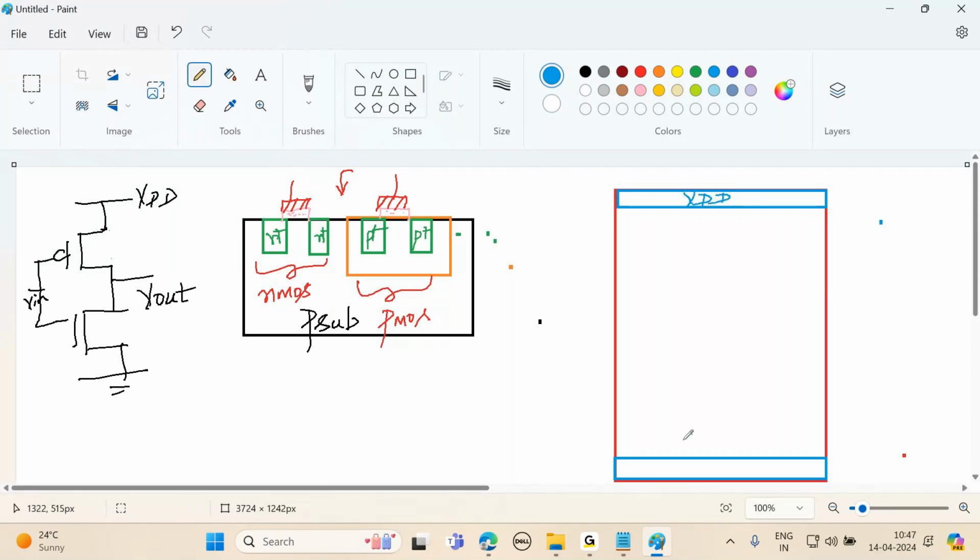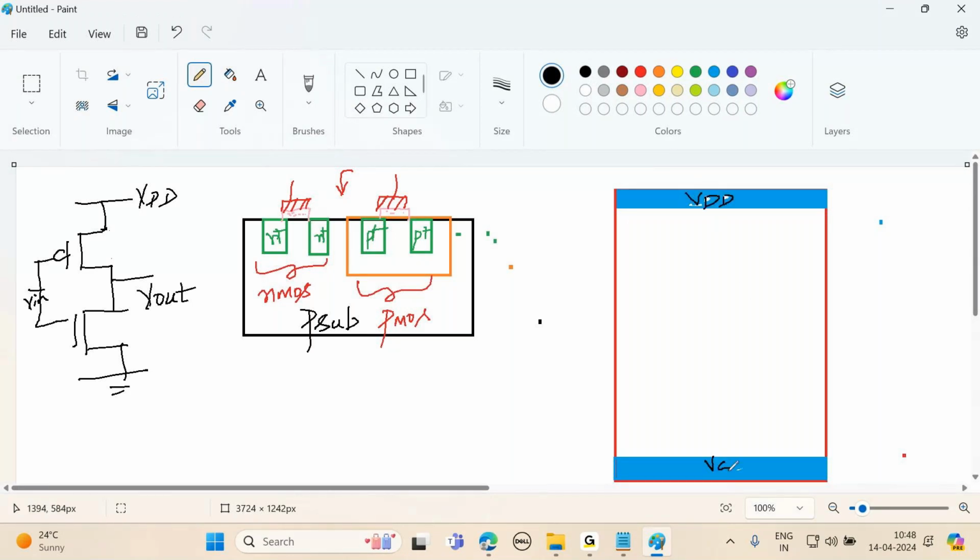You are going to study this in your lower class, CMOS classes. VDD and VSS rails you have. After VDD and VSS rails, what you have? This VDD. This is VSS.